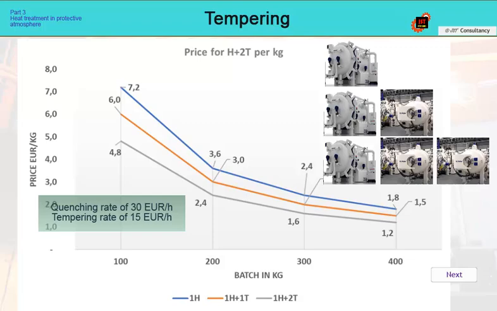The graph shows that the difference between the cost per kilogram of processing with 2 tempering furnaces and the complete process only in the quenching furnace is 50%. In other words, with 2 tempering furnaces, we save 50% of the processing costs.